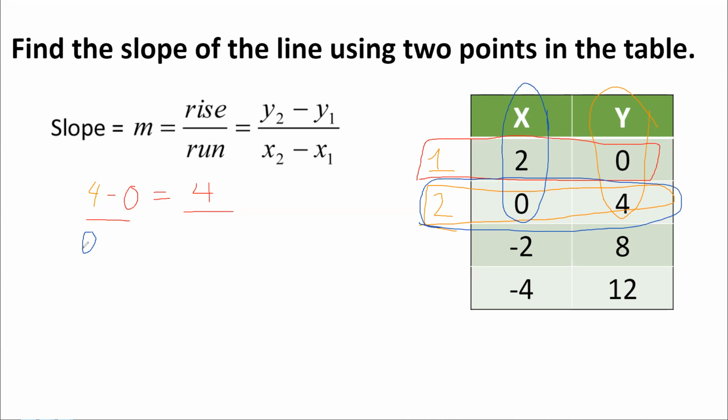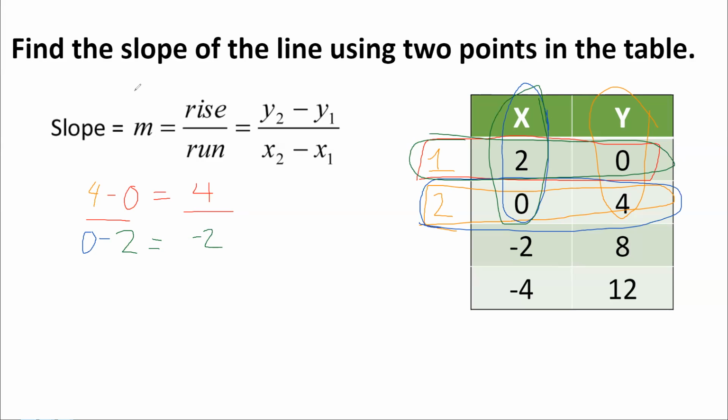Again, just like the top, it's a subtraction problem, so I'm going to subtract my x1. So x is right there, so I'm sticking with that column. And then I'm looking at x1, which is going to be a +2. So I'm going to write a +2 there. 0 minus 2 gives me a -2.